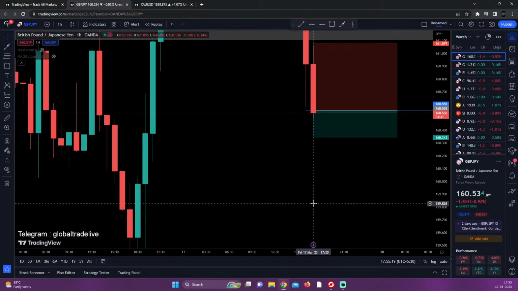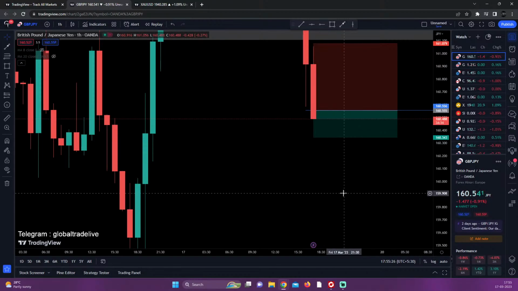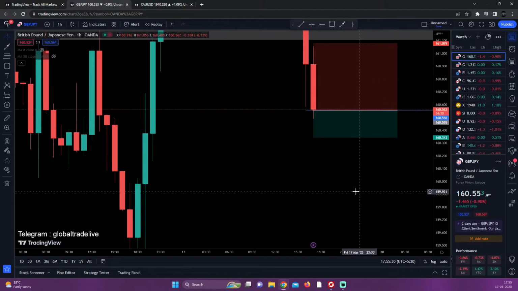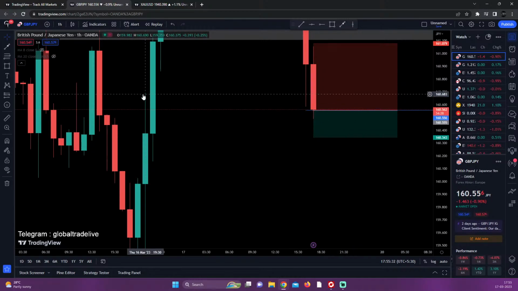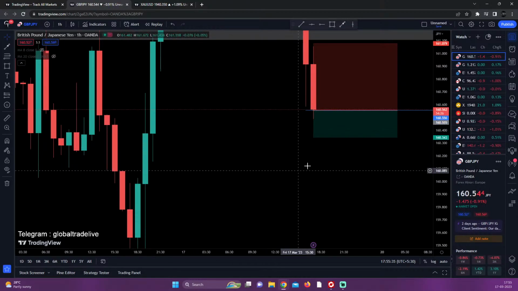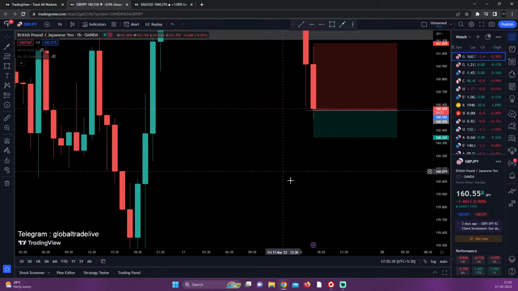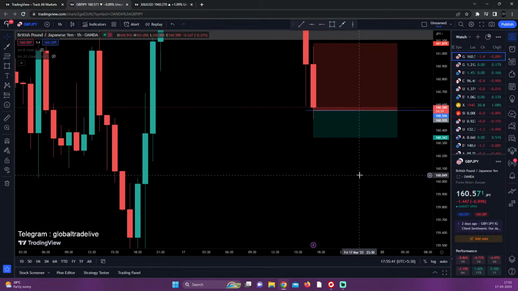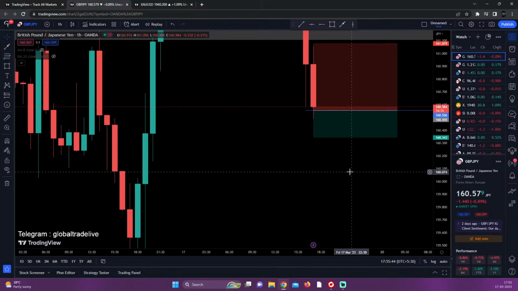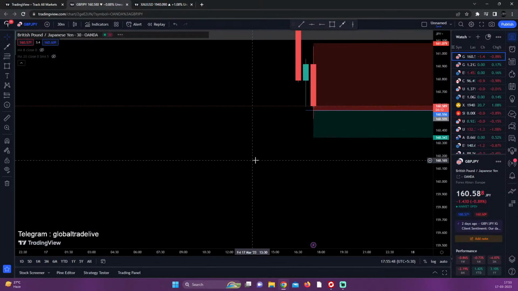And now if the trade goes against us, then we have to really manage the risk. So let's have a look. Yeah, it's rejecting. Just need a push. Now 4 minutes left for the 30-minute candle to close, so this could be anything, because we have to be really fast over here.